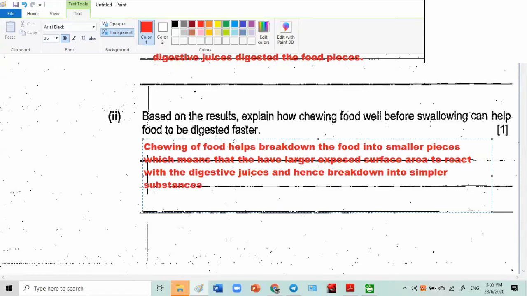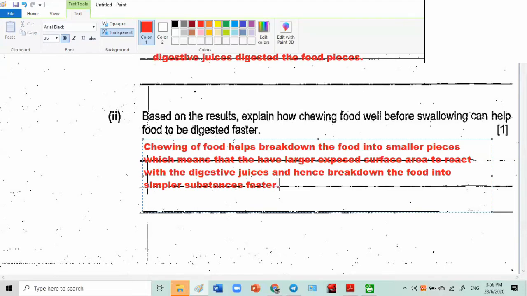I use your words, but I must put them at the appropriate place, not your place. You understand? And hence break down the food into simpler substances faster.